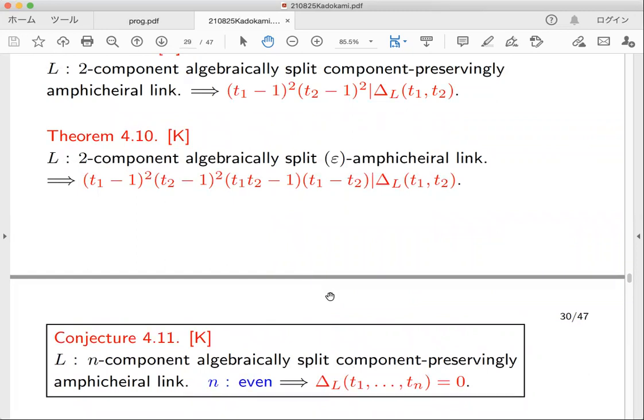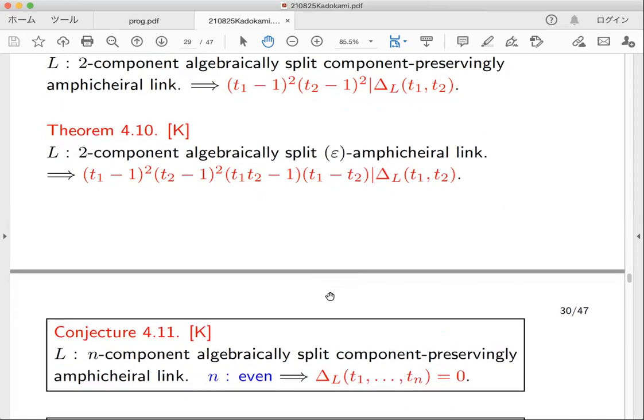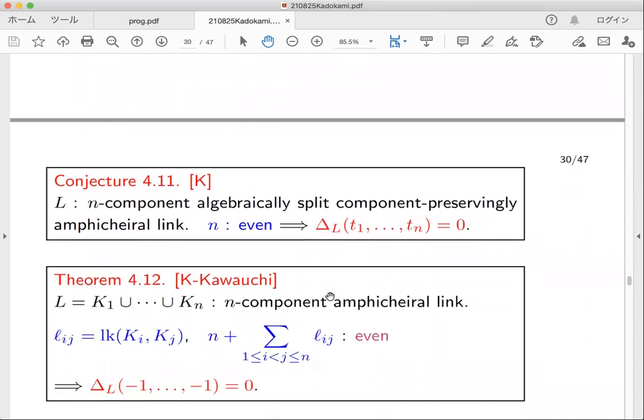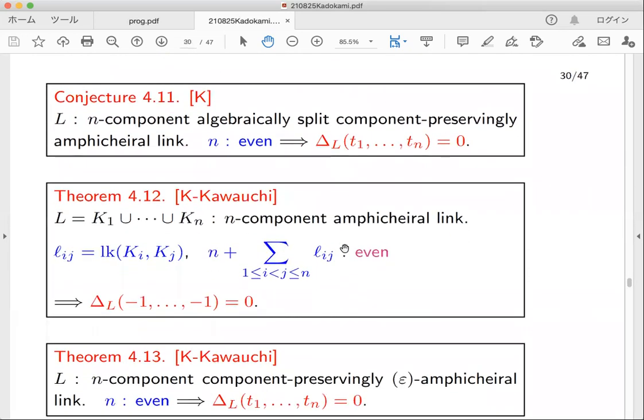So I thought that the Alexander polynomial of L is very big or 0. So I write this conjecture. If L is an n-component algebraically split component preserving Amphicheiral link and n is even, then the Alexander polynomial of L is equal to 0.